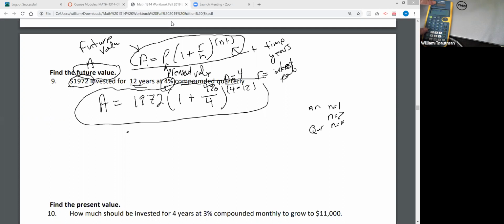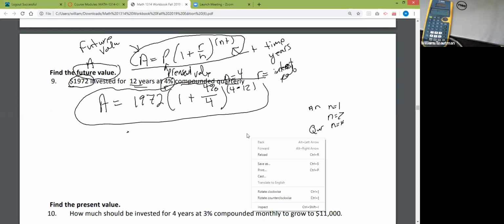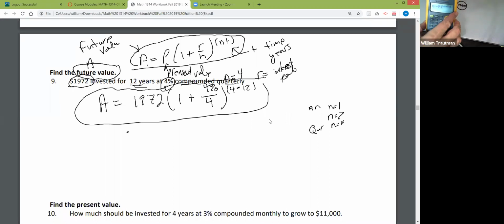I'm going to use the arrow button to raise it to a power. My power is going to be in parentheses. Please put your power in parentheses. I think it helps out. And it's 4 times 12. Close parentheses. So that's what you should have typed into your calculator. And it should look just like what I wrote down on the paper.